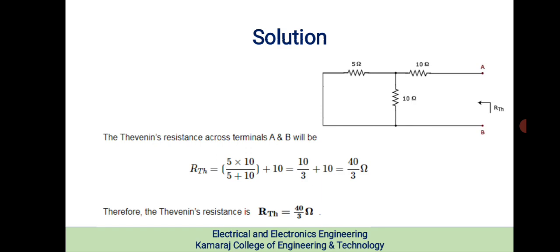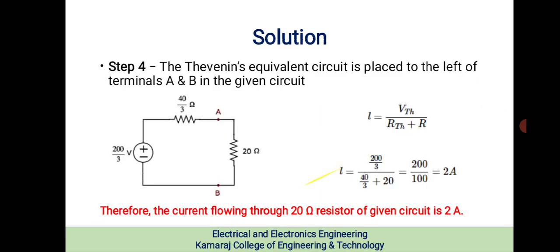Now we have completed the VTH value and the RTH value. Finally we are going to draw the Thevenin's equivalent circuit. Our load is 20 ohm. After that we connect this 20 ohm across the A, B terminals. Now we know the equation I is equal to VTH divided by RTH plus RL, where our load R is equal to 20 ohm.